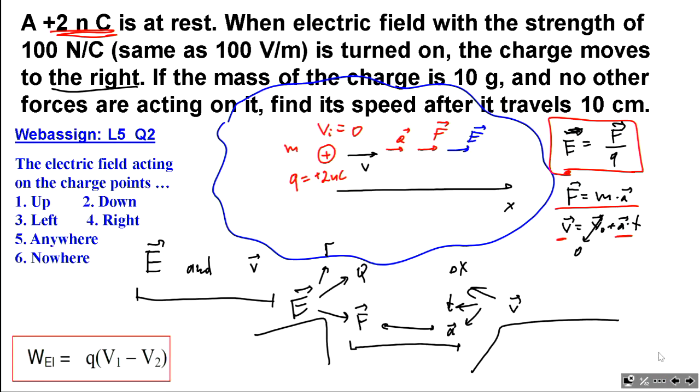Now we have a specific strategy which, if we want to, we can use to answer the question about speed. We just have to do it backwards. We can calculate force, and then we can calculate acceleration, and then we can calculate speed.